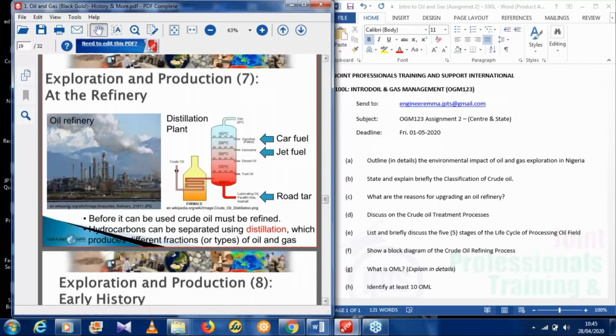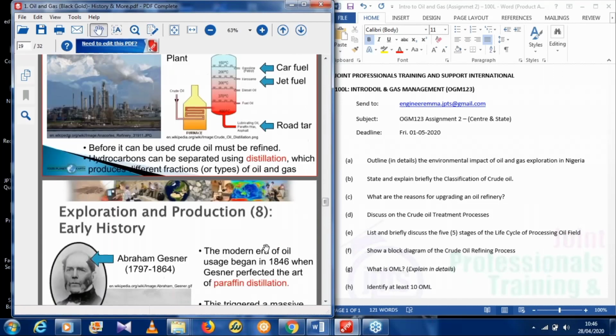Remember, for those of you who do organic chemistry in your O level, that the crude oil itself has various fractions, from the light gases, which is methane, CH4, and then some other gases similar to LPG, liquefied petroleum gas, and the rest of it.